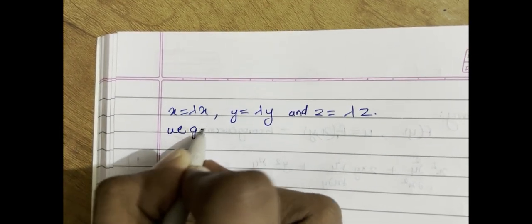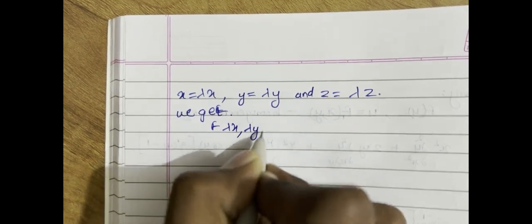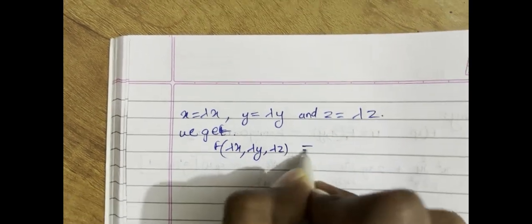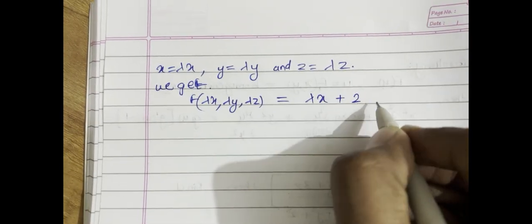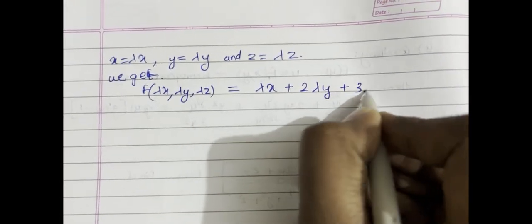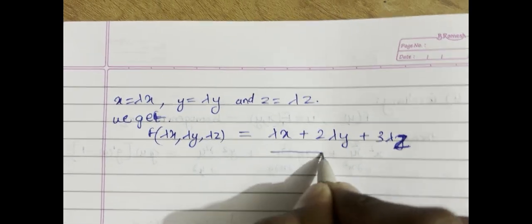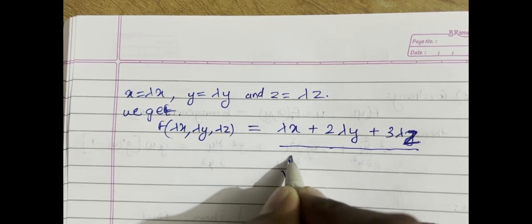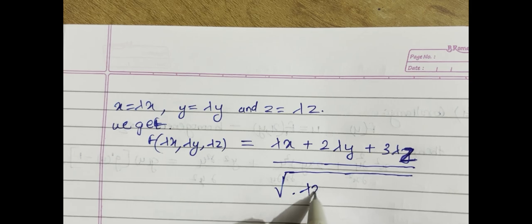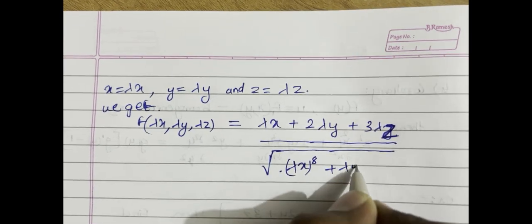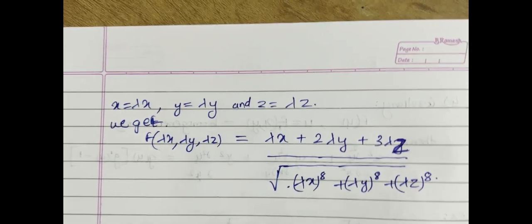We get f of lambda x, lambda y, lambda z is equal to lambda x plus 2 lambda y plus 3 lambda z divided by under root of lambda x whole power 8 plus lambda y whole power 8 plus lambda z whole power 8.